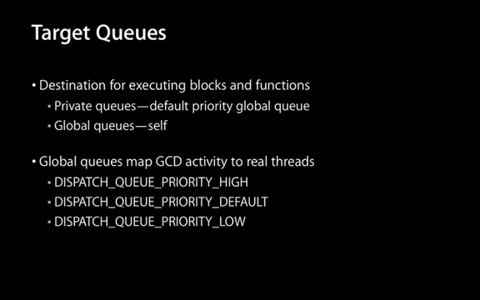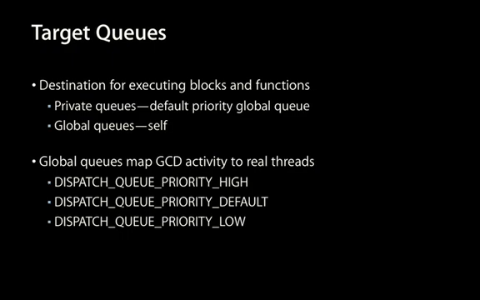So now let's move on to the concept of target queues, which is something we didn't discuss at all yesterday. Every queue in GCD has a target queue. Any of the queues that you create with the dispatch queue create API default to the global concurrent queue. And as we mentioned yesterday, the global queues can execute blocks concurrently.